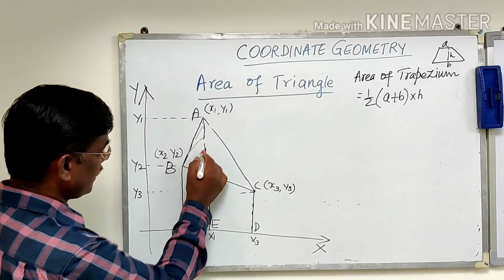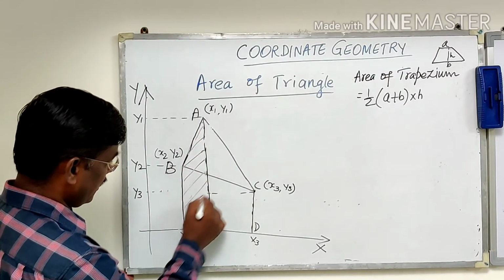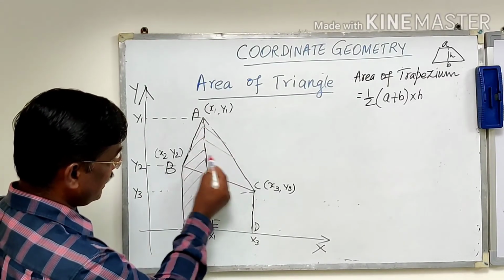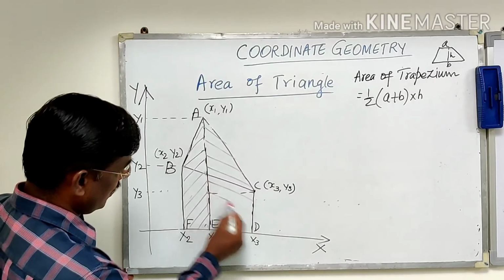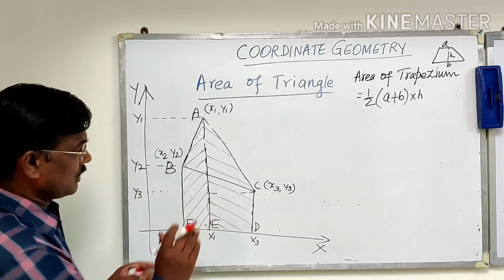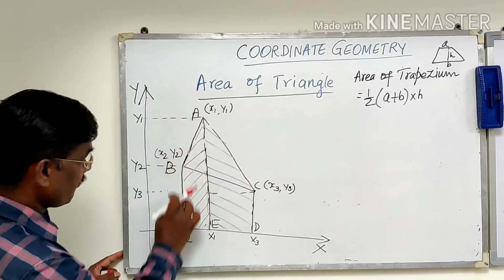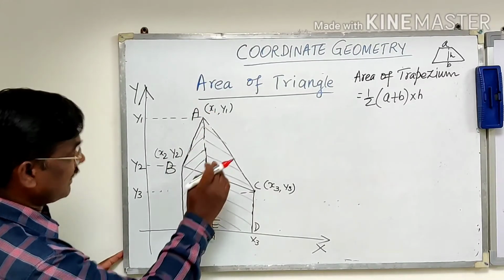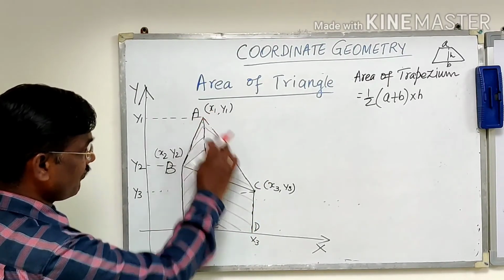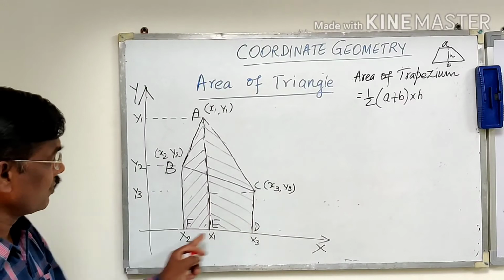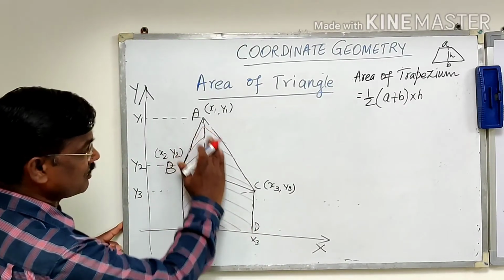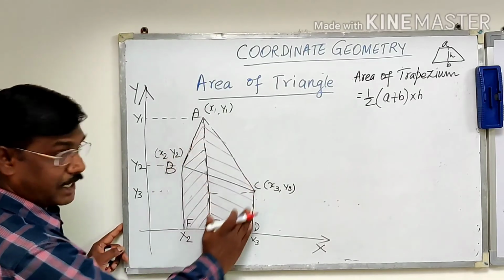If we find the area of trapezium 1 and trapezium 2, that is, area of ABFE and AEDC, the sum of the areas of two trapeziums will give the area of the whole geometric figure, right?